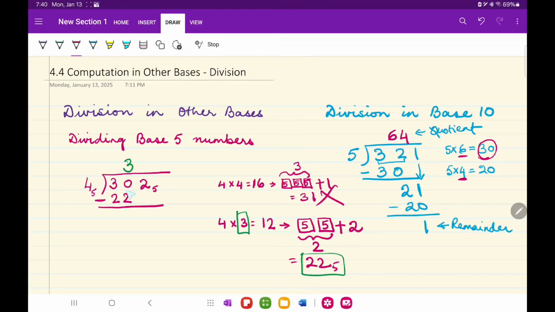We have to borrow from the 3. When we borrow from the 3, the 3 becomes a 2, and the 0 becomes a 5. We borrowed 1 from 3, but we have to unbundle.